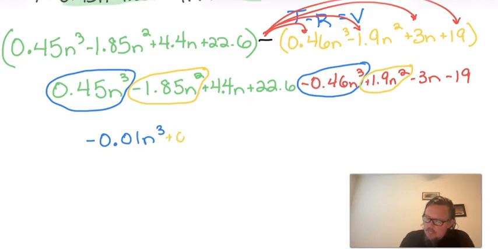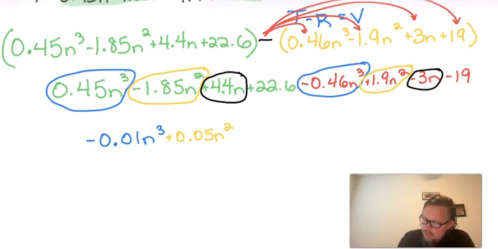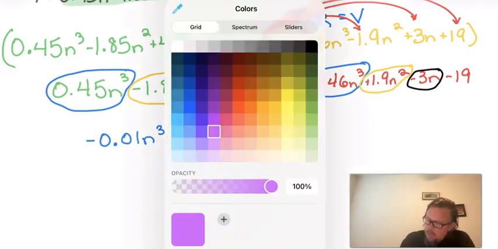That's going to be 0.05 n squared. Good. Then let's do our n's. 4.4 n minus 3 n is 1.4 n. And then finally, oops, I'm out of colors. Let's pick a new color. Let's do purple.